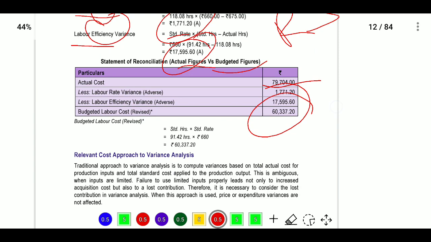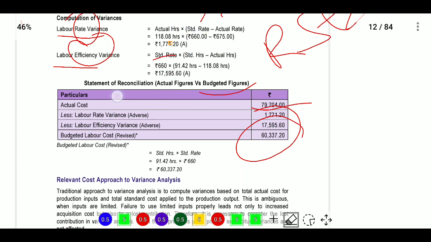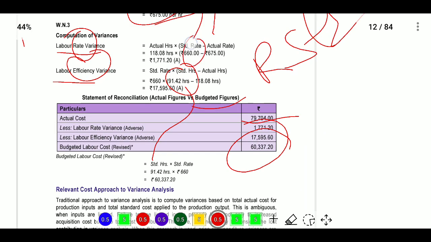Now for the revised budgeted cost, the budgeted labor cost will be standard hours into standard rate. What are the standard hours we have? We have calculated standard hours 19,091.42 into what is the standard rate? 660 will be the standard rate. So the revised budgeted labor cost will be 60,337.2.